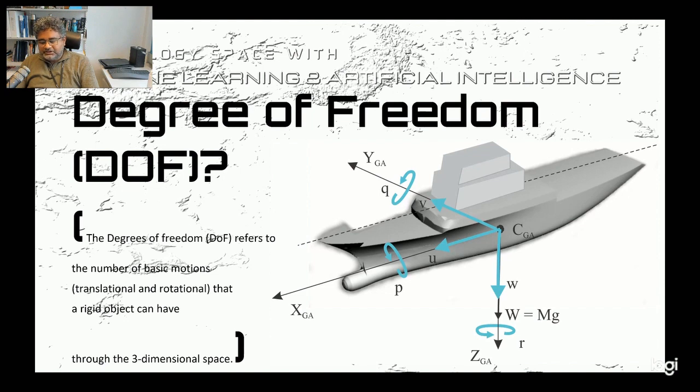In this example of the vessel, we have mentioned three translational motions, surge, sway, and heave, and three rotational motions, roll, pitch, and yaw. We can define the degree of freedom for ship motion as the total number of these motions, which is equal to 6.